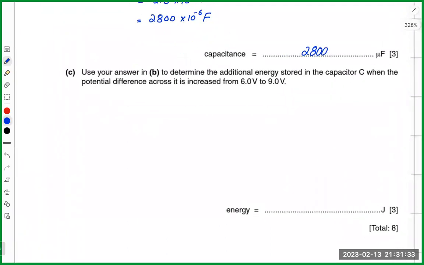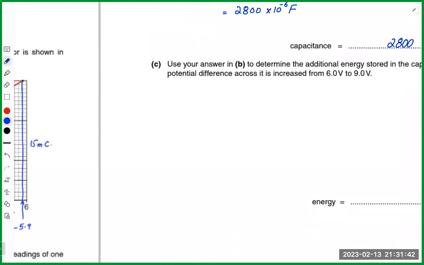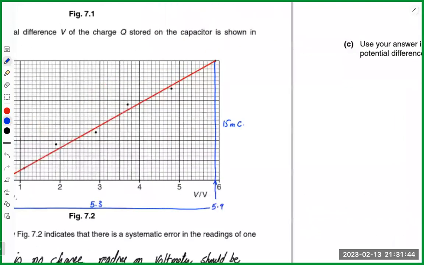Now, use the answer to determine the additional energy stored in the capacitor C when the potential difference across it increased from 6 volt to 9 volt. Okay, we cannot do it from the graph.